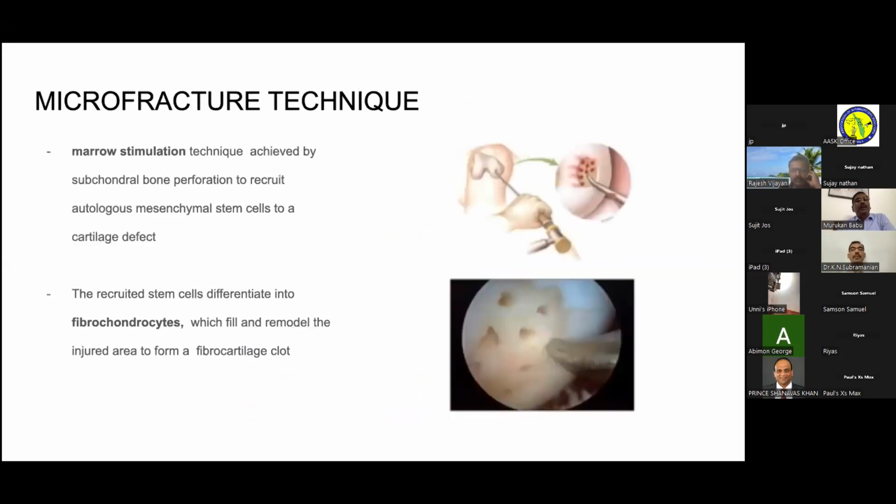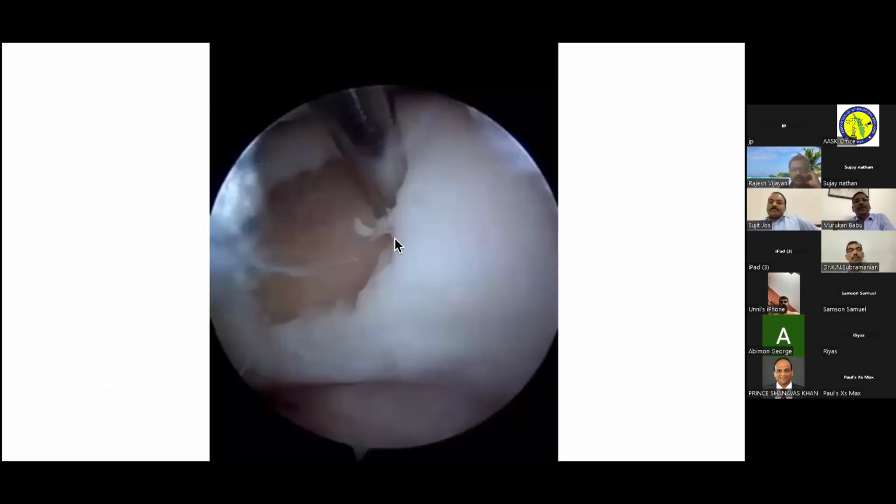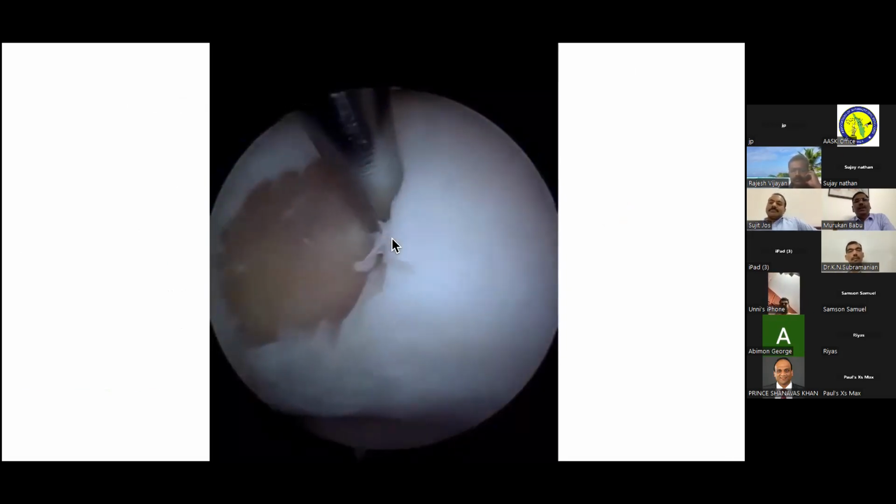And we all know that microfracturing is a marrow stimulation technique achieved by subchondral bone perforation to recruit autologous mesenchymal stem cells to a cartilage defect. These stem cells differentiate into fibrochondrocytes, which fill and remodel the injured area to form a fibrocartilaginous clot. That is the science behind this microfracturing technique. These are the instruments used, and this is a small video.